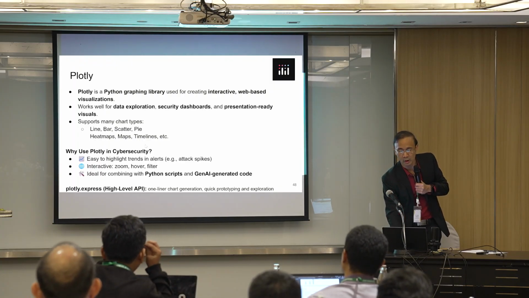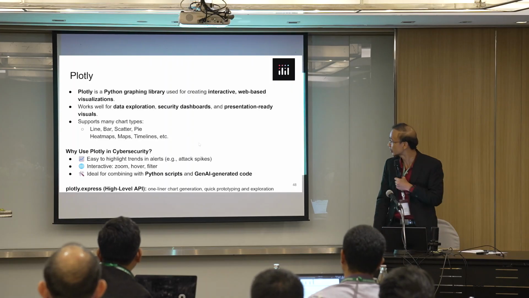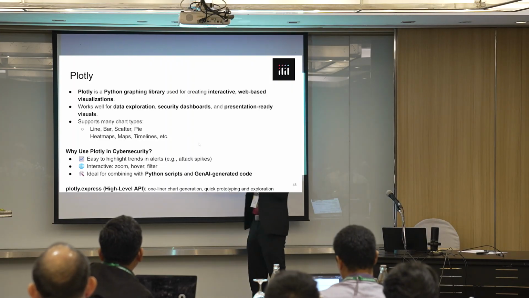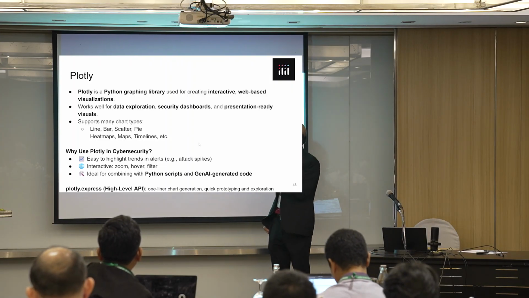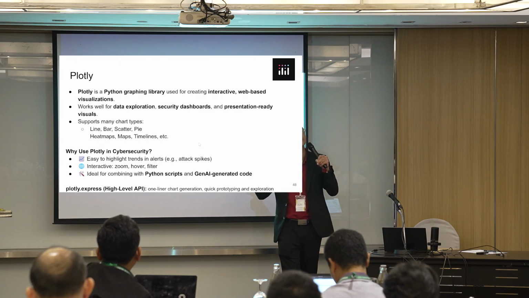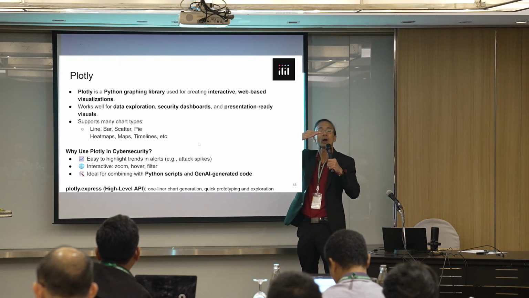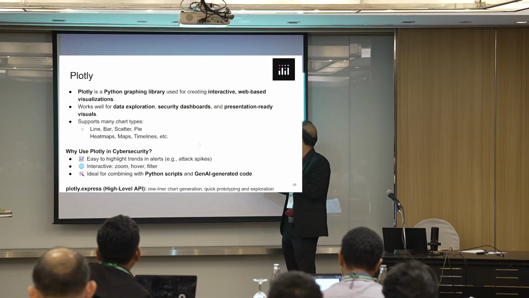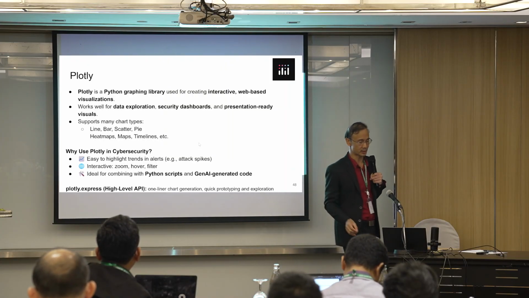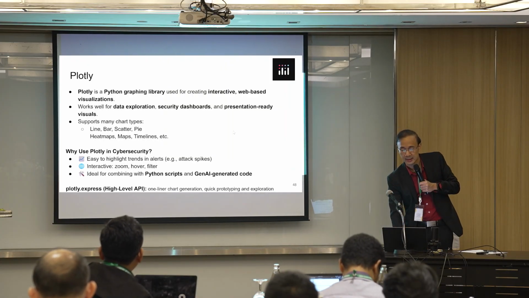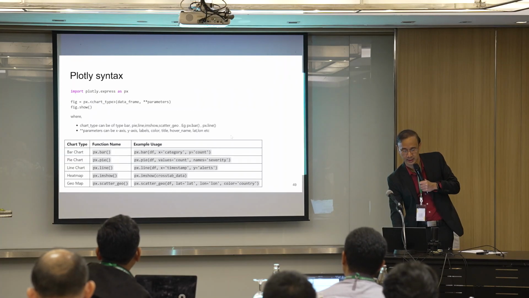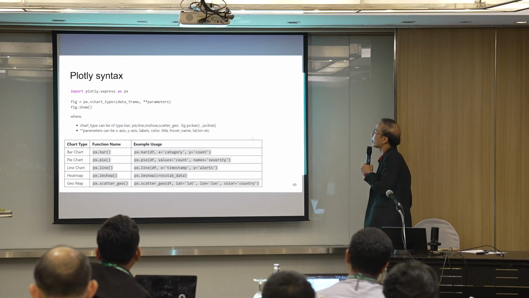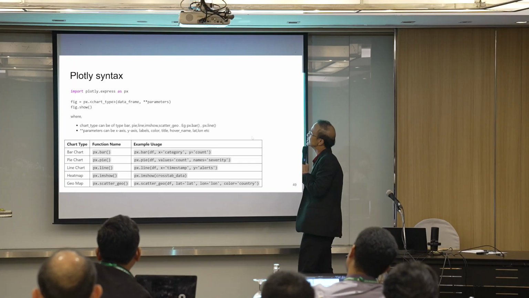Okay, and of course, to make it even simpler, we have Plotly Express, which we call a high-level API, which means with just one line of code, which I think you tried before, you can quickly plot a graph. That's also something that we can play with. To use Plotly, it's also very simple.